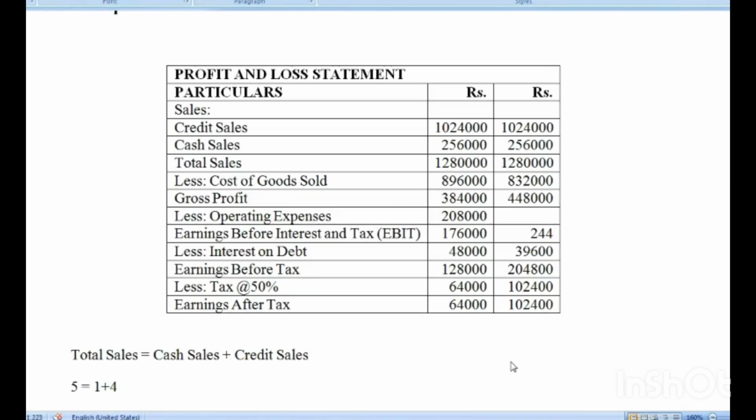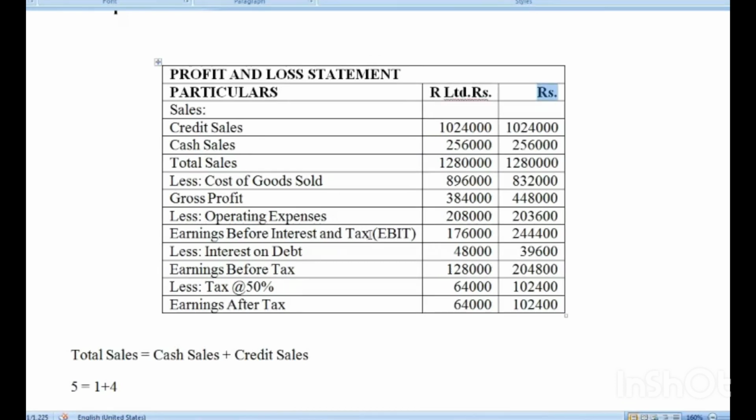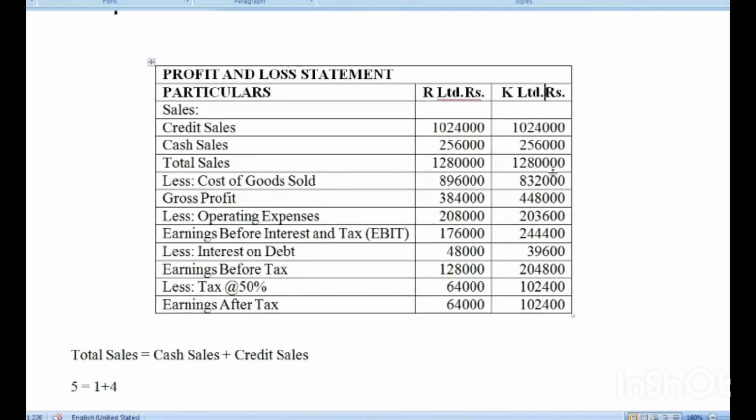And now the difference: 2 lakh 3,600. Okay, so this is for R Limited and this is for K Limited. Getting it? And the amount is in rupees.